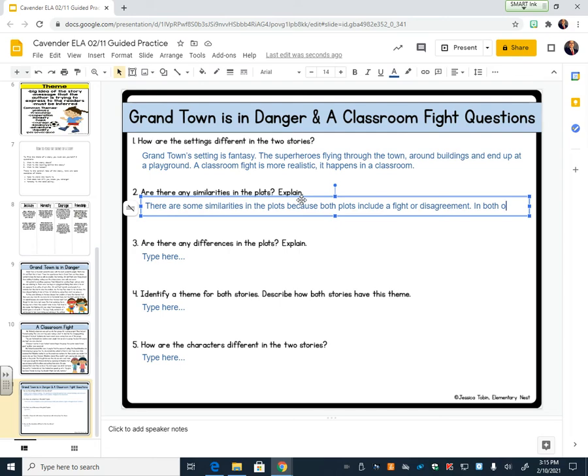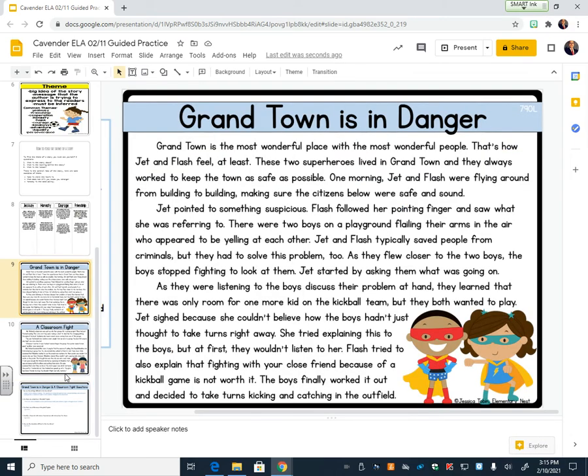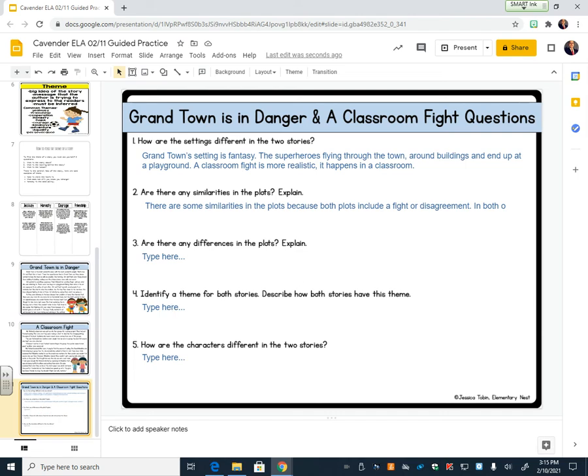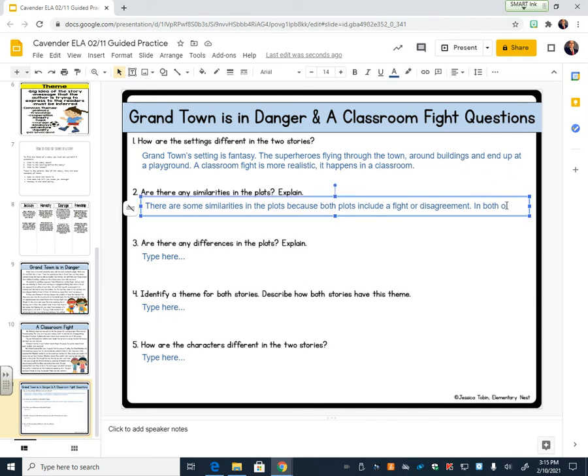So, for example, in Grand Town is in danger, Jet and Flash help the boys resolve their disagreement. But in the classroom fight, Miss Richards helps the girls. So, in both of the stories, the conflict is solved with the help of another character.